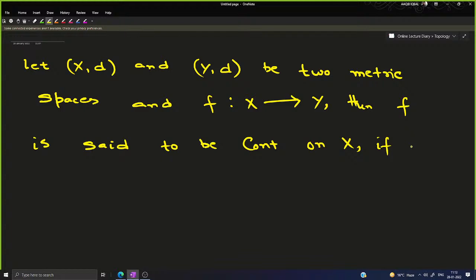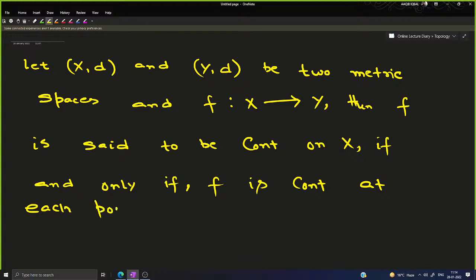if and only if this f is continuous at each point of capital X. Okay, so this is what we mean by a function to be continuous on the whole space.